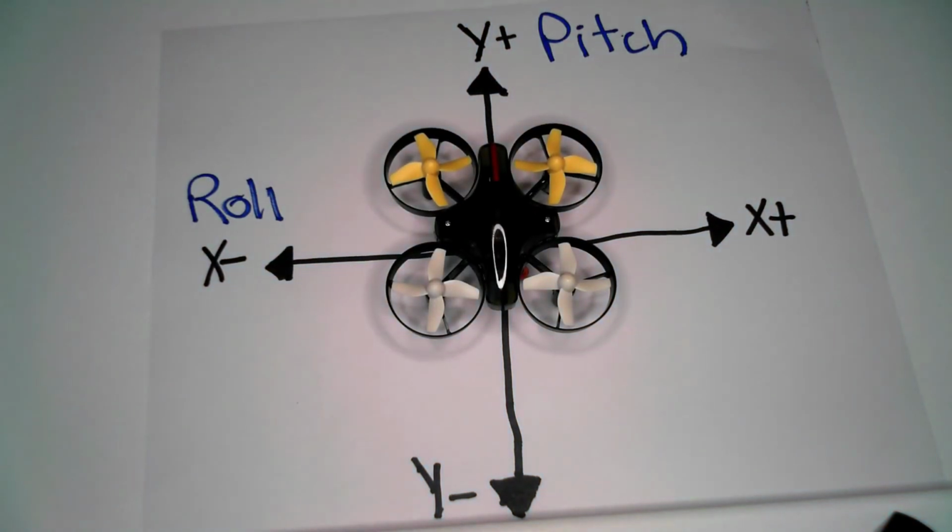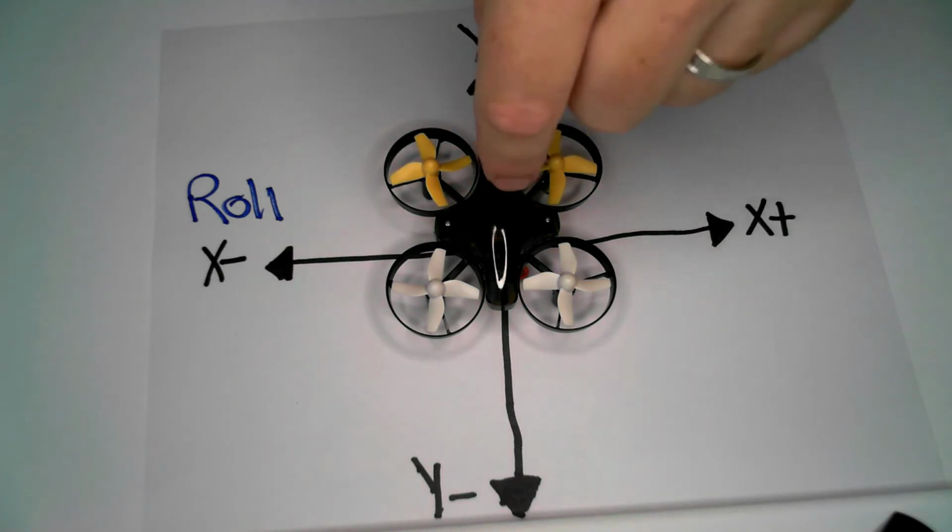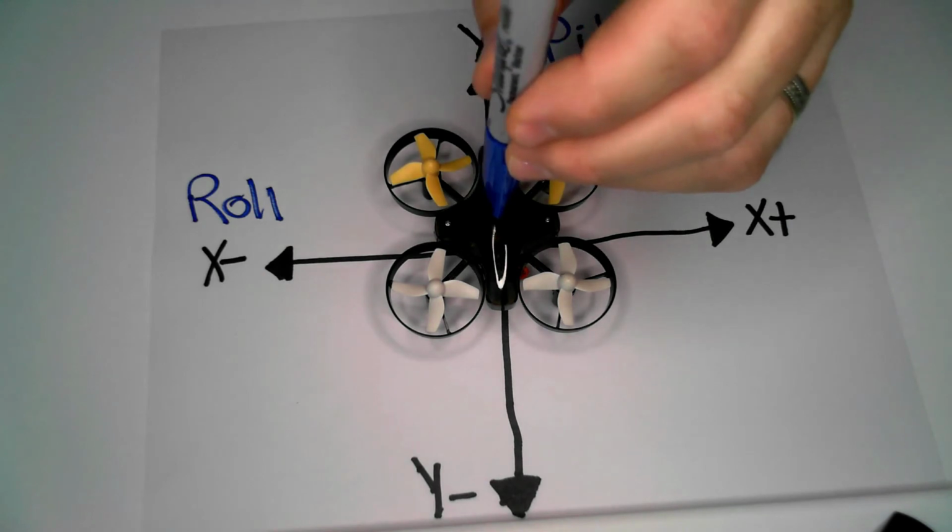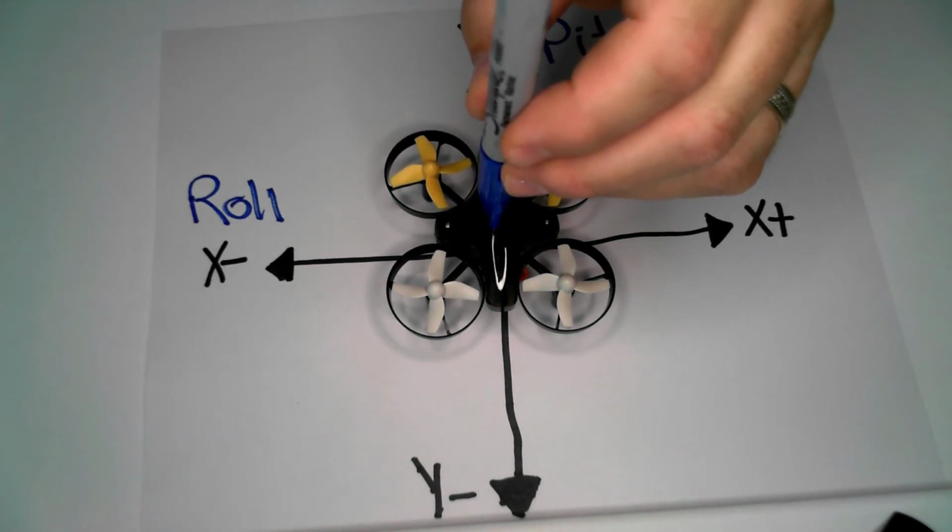Now, the other one that we have is our Z motions, and so our Z motions are actually two. The first one we're going to discuss is yaw. Yaw, Y-A-W, is the term for the movement or the pivoting on the z-axis. So if you imagine that there's a line coming straight out of the drone like so, this would represent the z-axis.